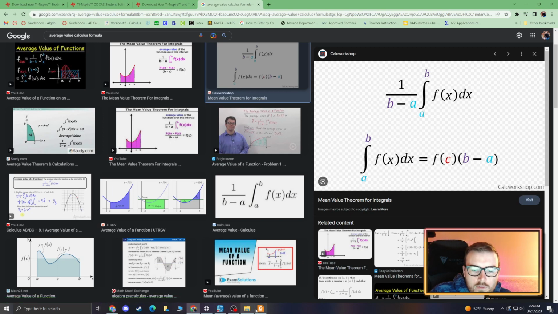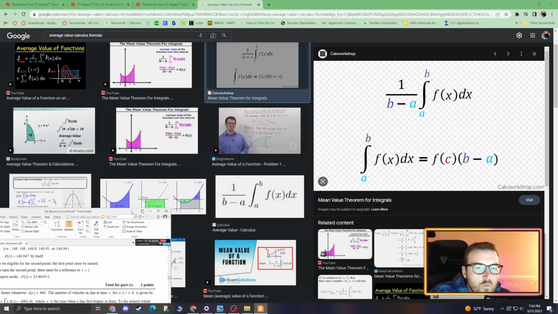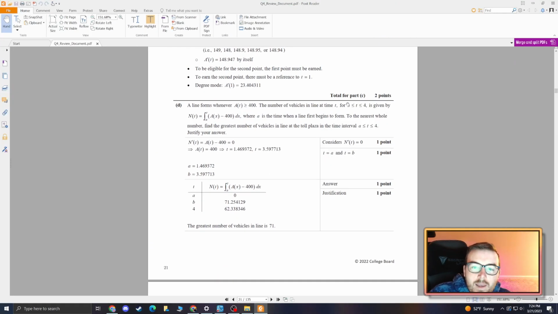We want, oops, sorry, wrong page. We want time. And in the question, it says we're bounded between a and 4. We still don't know what a is, but we're bounded between a and 4, and time can't be less than 0, right? So in other words, the smallest a can be is 0. Let's just agree on that.